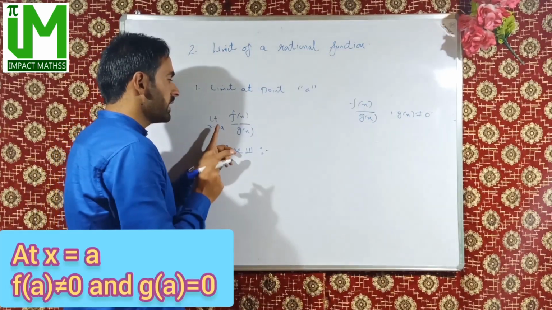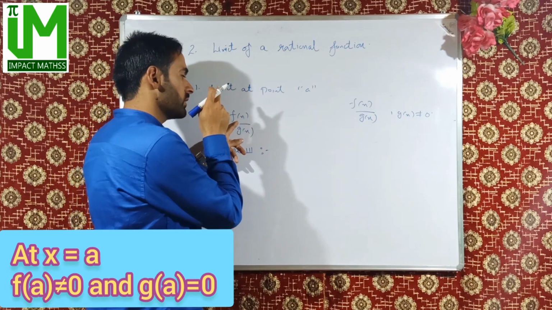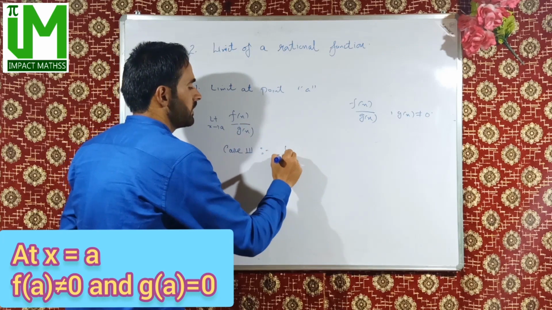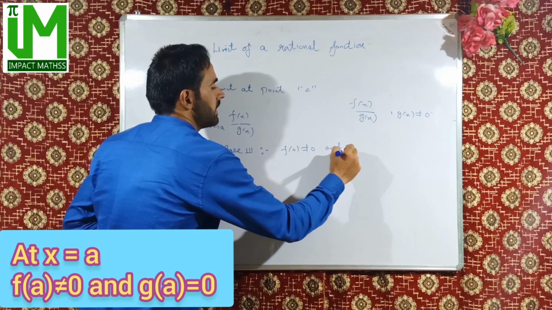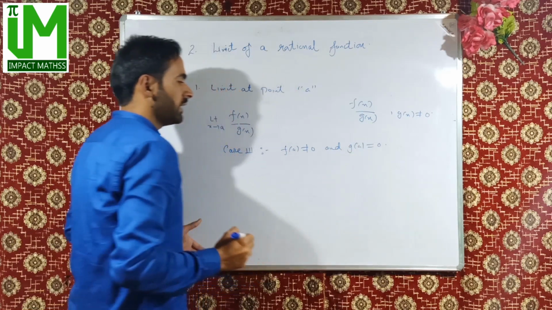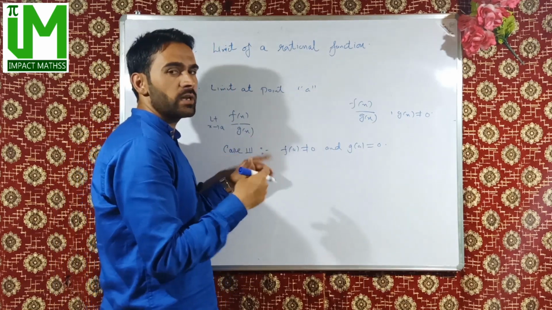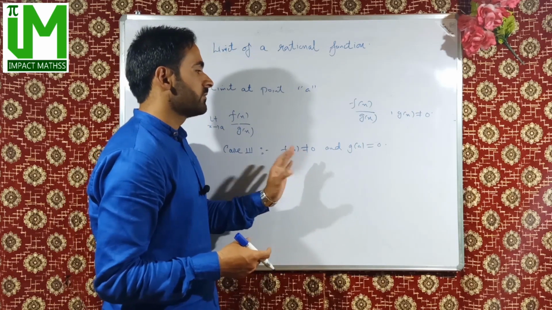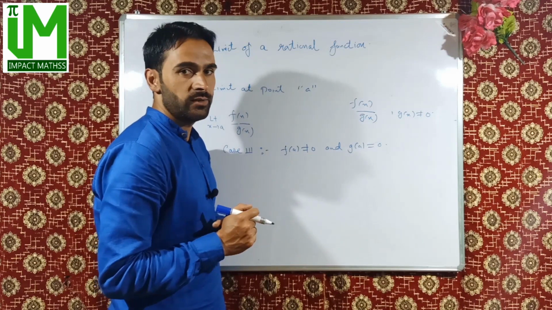Case third, if at x is equal to a, f of a is not equal to 0 but instead g of a is equal to 0, that is f of a is not equal to 0 and g of a is equal to 0, then if we can remove the 0 from the denominator by some suitable procedures, then limit of the function will exist, otherwise limit of the function turns out to be undefined.